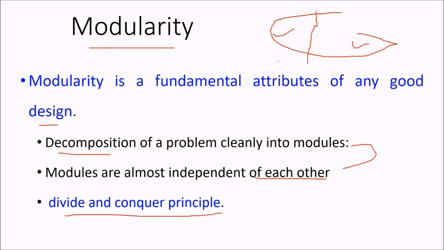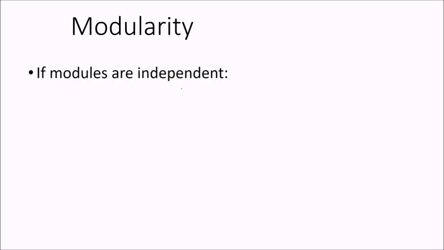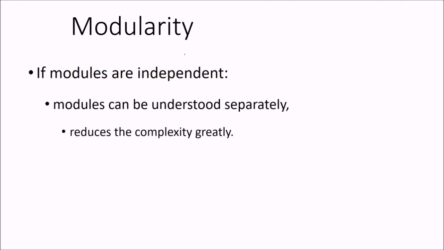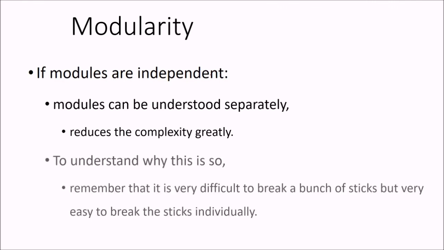If modules are independent, then they can be understood separately, individually. And again, if this happens, then the reduction in complexity will automatically come. To understand why: it is very difficult to break a bunch of sticks, but it is quite easy to break the sticks individually. So the real life saying also holds here.